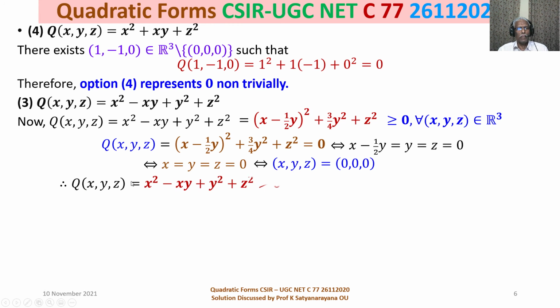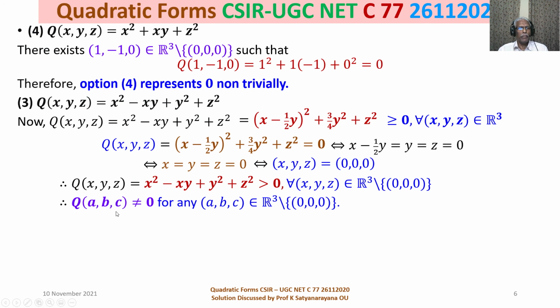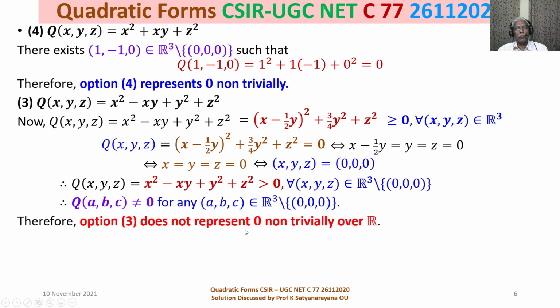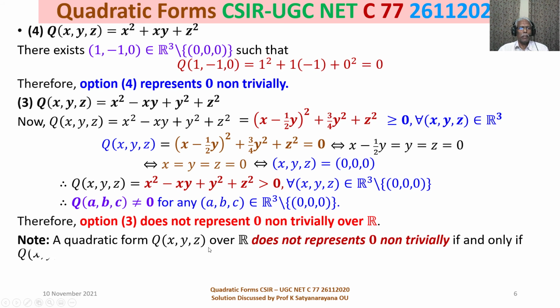So Q of x, y, z is greater than 0 for all x, y, z belonging to R cube other than the 0 triad. Therefore Q of a, b, c is not equal to 0 for any a, b, c belonging to R cube other than the 0 vector. So option 3 does not represent 0 non-trivially over R. Note, a quadratic form Q of x, y, z over R does not represent 0 non-trivially if and only if Q of x, y, z is positive definite.